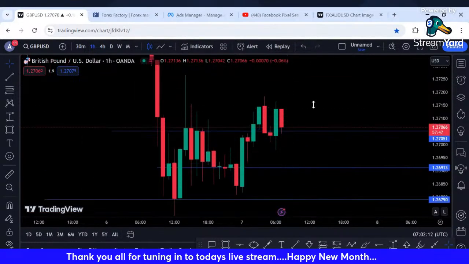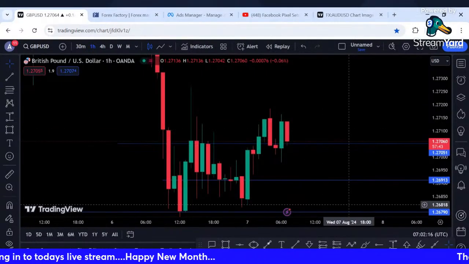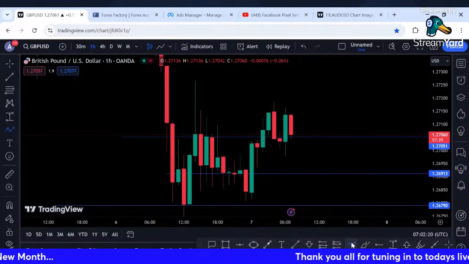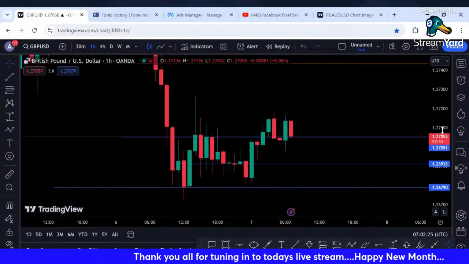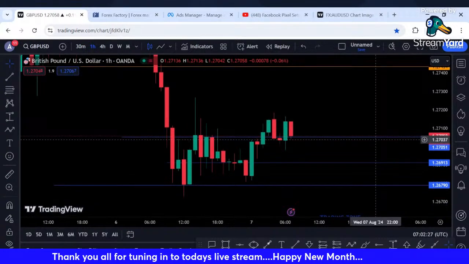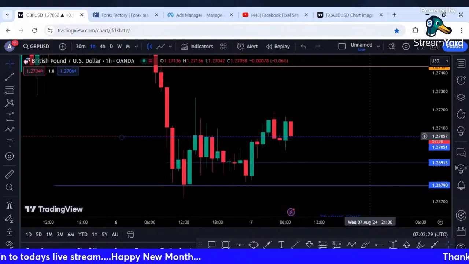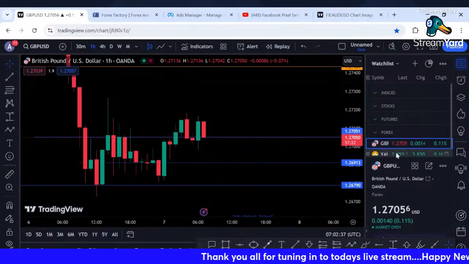Since this one opens with no bottom wick, what we might see is a trend continuation. That's fine.